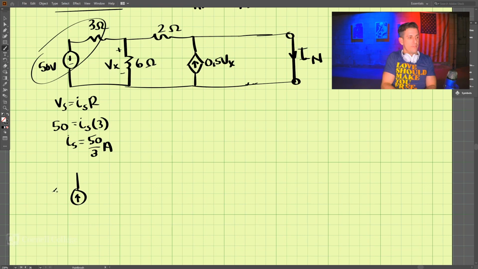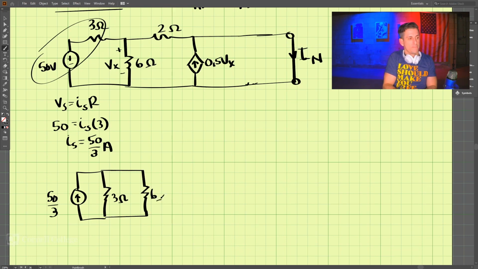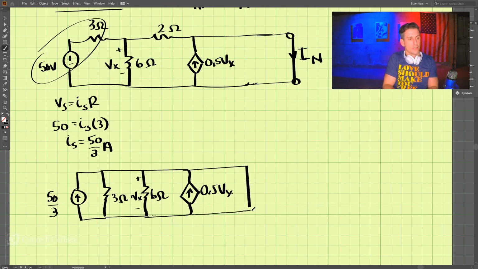We have 50 divided by 3, and that is in parallel now with the 3 ohm resistor, which is in parallel with the 6 ohm resistor. And this is Vx here, across here. And then we have our dependent current source, which is 0.5 Vx. And then we have our Norton current that we're trying to find.